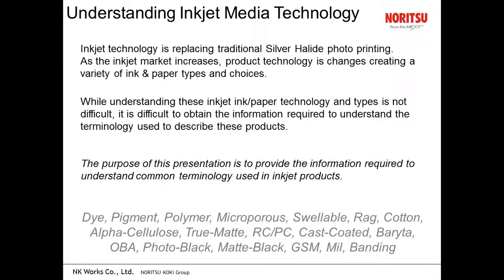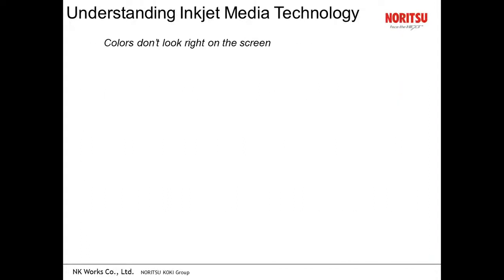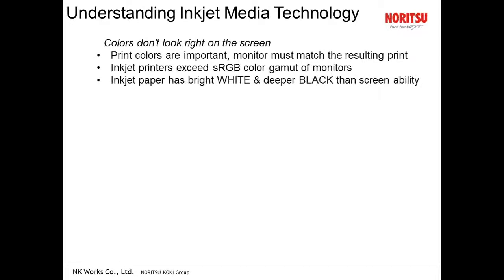So understanding what all these terms mean is quite important. An area I'm really going to concentrate on is this term down here, OBA, which is optical brightener agents. It is quite important to understand the product's use of OBAs and that impact on illumination of the product itself.